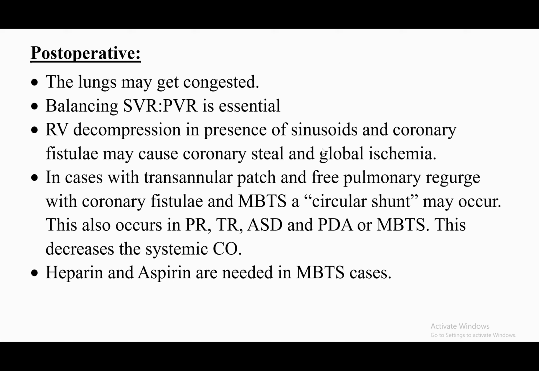This decreases systemic cardiac output, so the blood flows from the pulmonary artery to the right ventricle, and then the tricuspid regurg to the right atrium, and then through the ASD, and then to the aorta, and then from the aorta to the PDA and back to the pulmonaries. So a circular shunt occurs, which decreases the cardiac output to the body. Heparin and aspirin are needed to keep the MBT shunt open without clots or thrombosis.